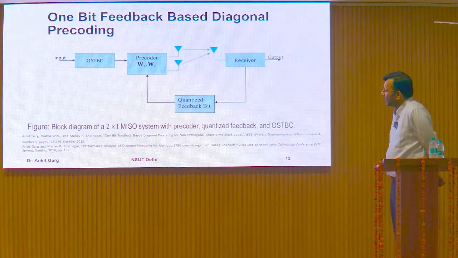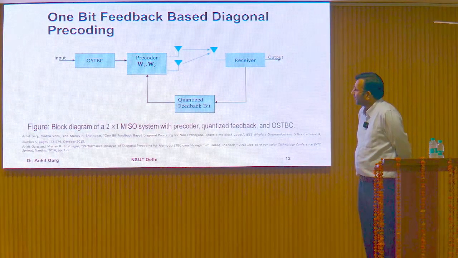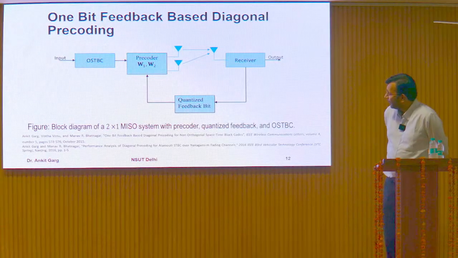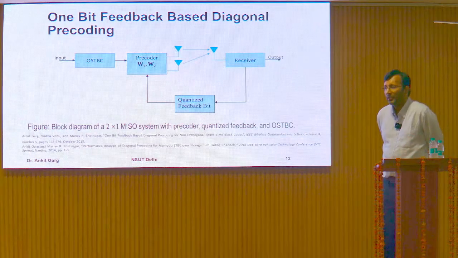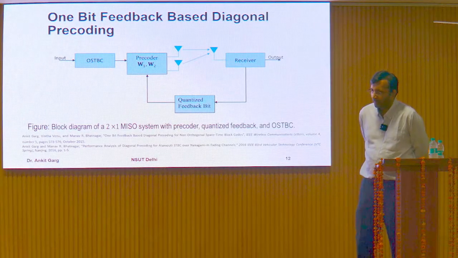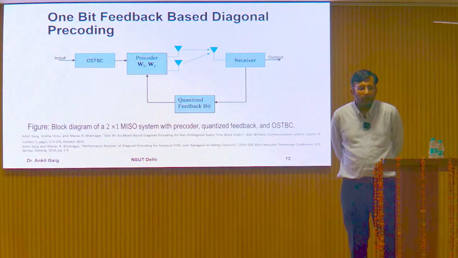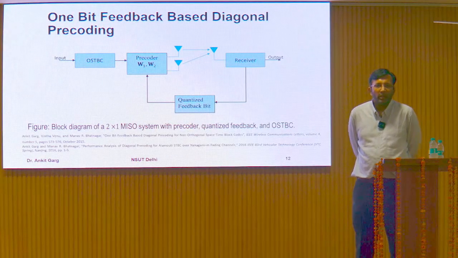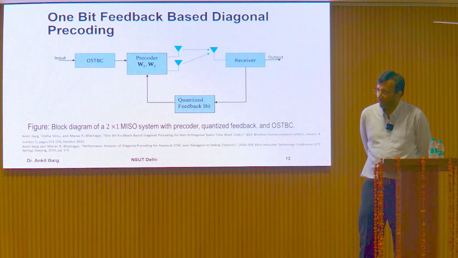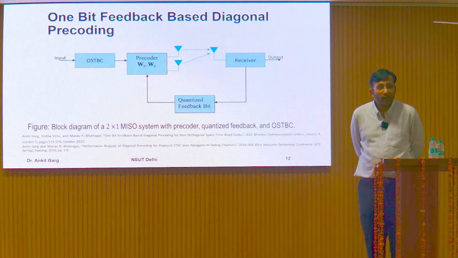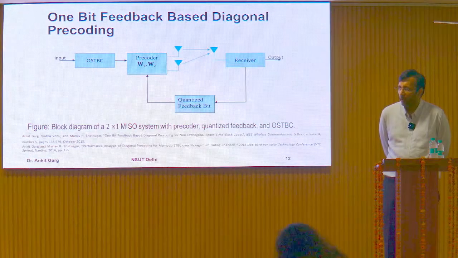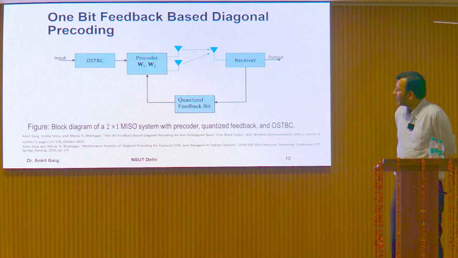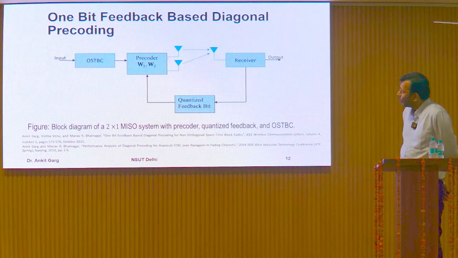See, okay. So I'm going to start with this simplified technique where we combine OSTBC with this feedback technique. OSTBC, orthogonal space-time block code, is used to make the channel independent, right? And while transmitting, it requires more power, which leads to coding loss. Okay. So instead of that, we put a precoder.